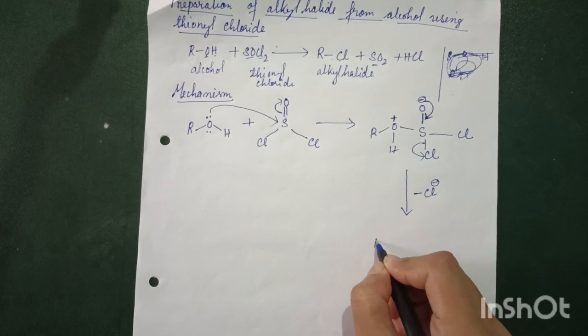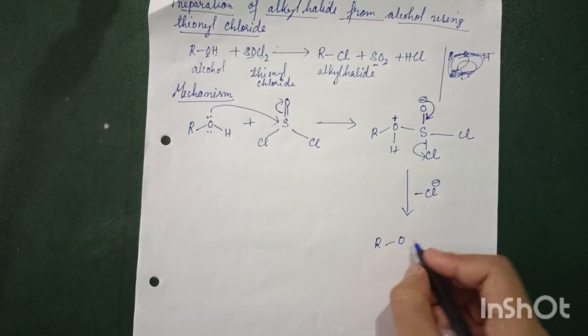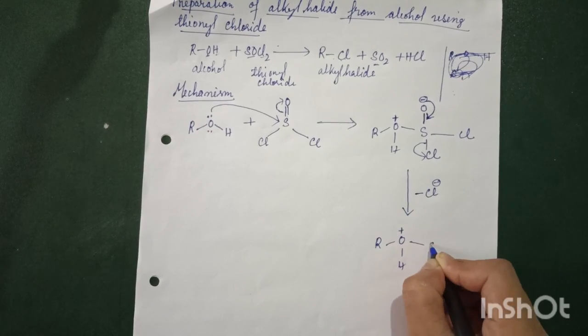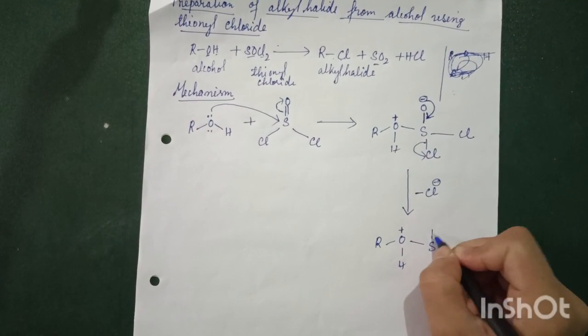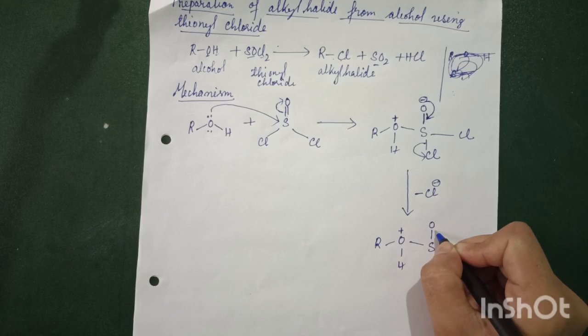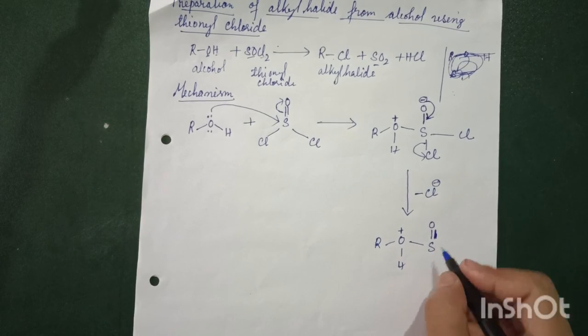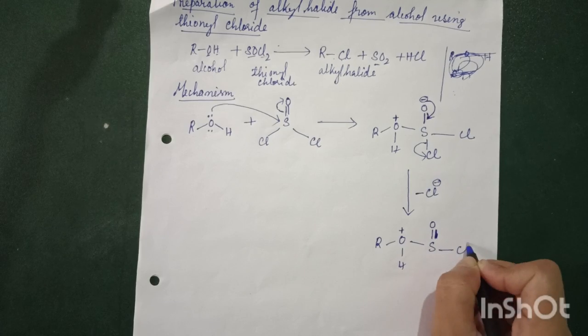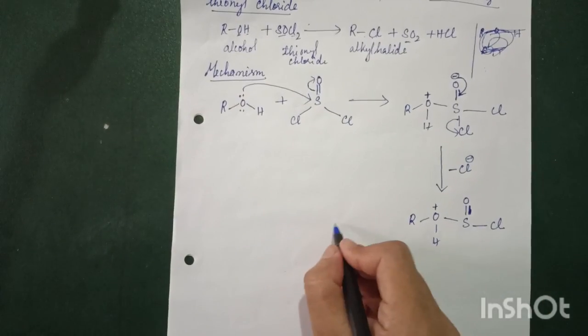Now ROH, everything still remains the same. So sulfur, this oxygen single bonded with negative charge will become a pi bond now, and Cl will leave as Cl minus. One Cl is still there.